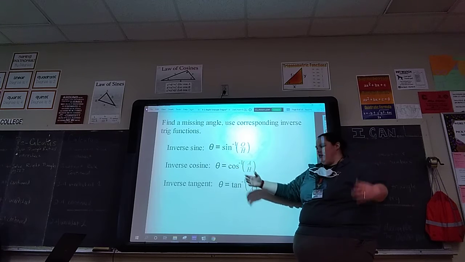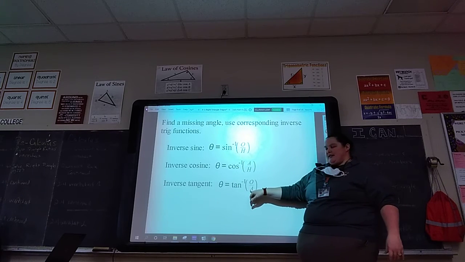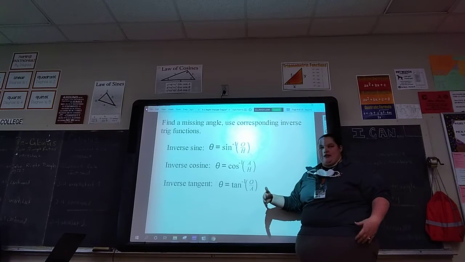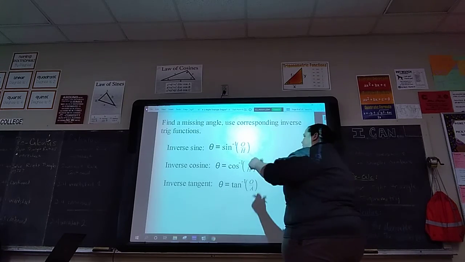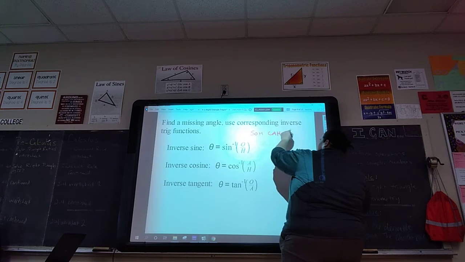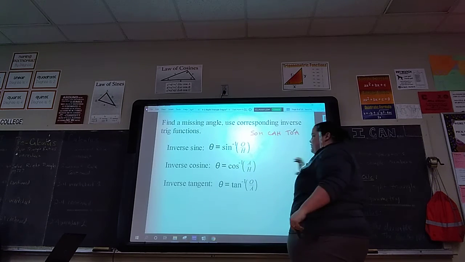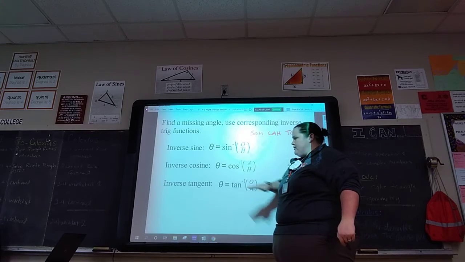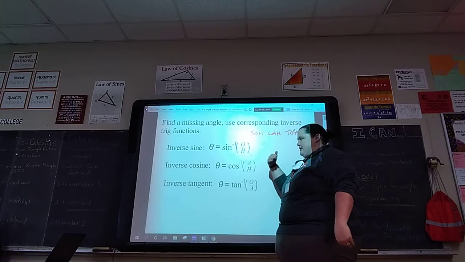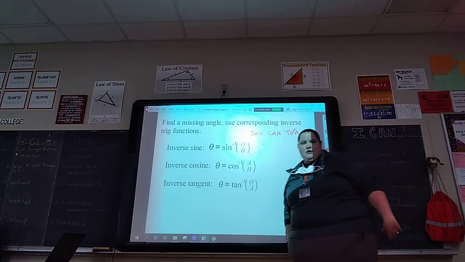That'll give you the correct angle. If you know the opposite and adjacent side, you put it into tangent inverse, and that'll give you the correct angle. So it's still SOHCAHTOA. That's a nice thing that SOHCAHTOA doesn't change when you're finding an angle versus a side. What changes is the type of function you use. So instead of just using regular sine, cosine, and tangent, you now use its inverse to help you find an angle. Does that make sense?